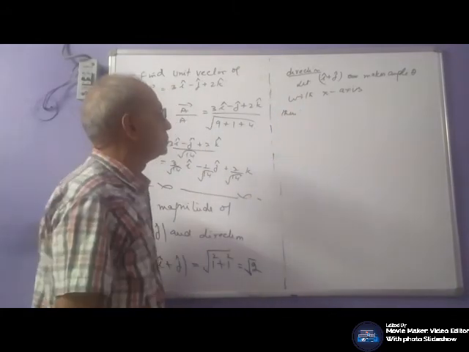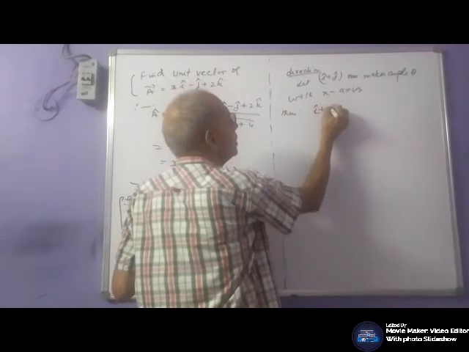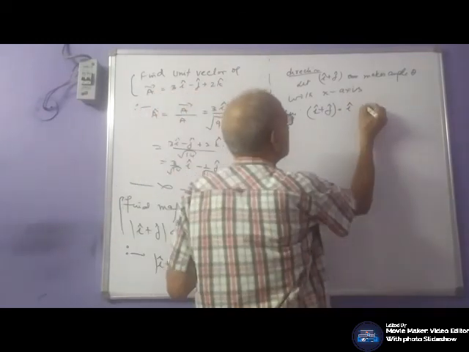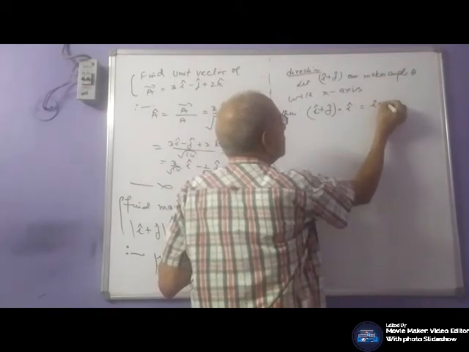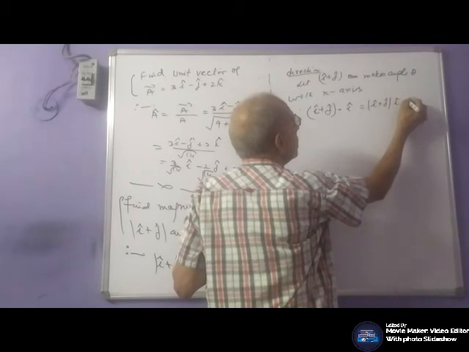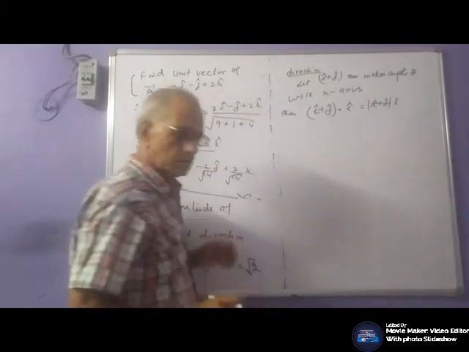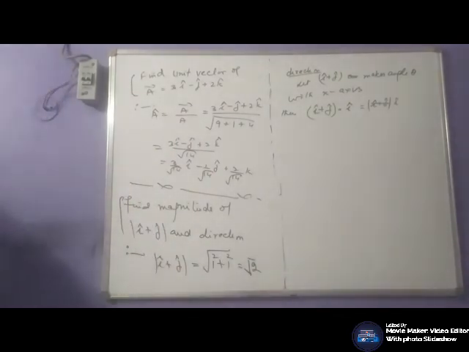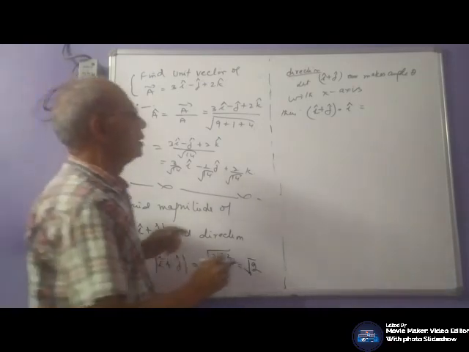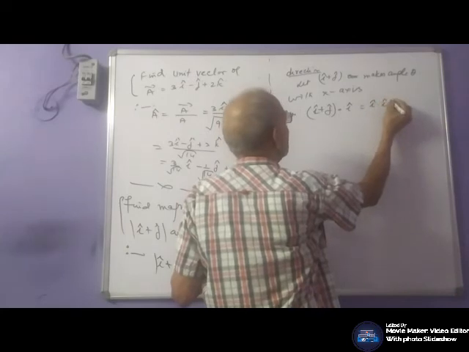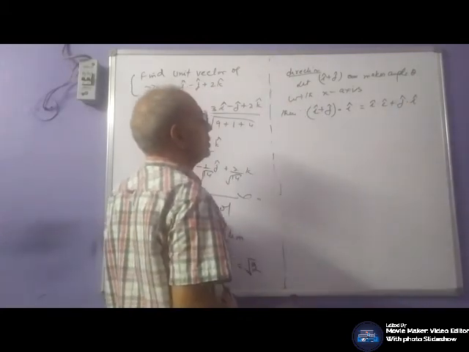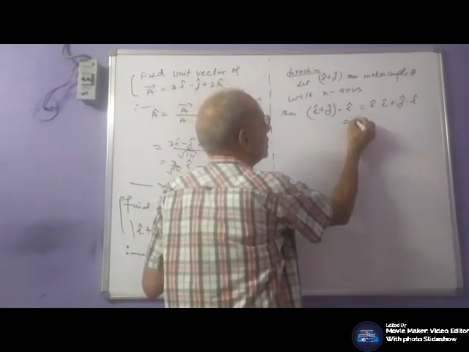Then I plus j dot I is (I plus j) dot I, which is I dot I plus j dot I. It is I cos theta.